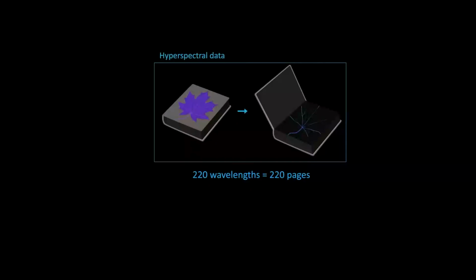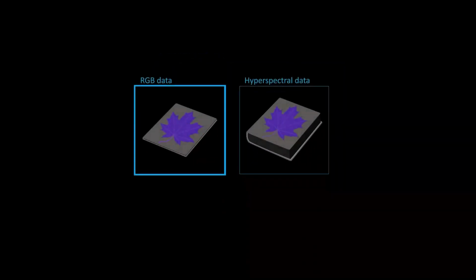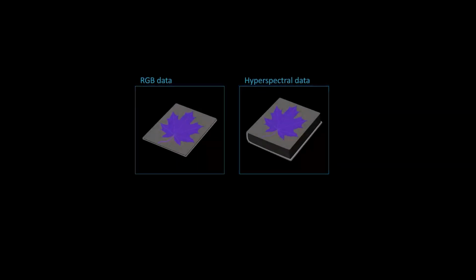Again, this is the amount of information that our book will have. Every wavelength is presented as a page of the book. As you compare to the previous, this book is much bigger and contains much more detailed information about our target.